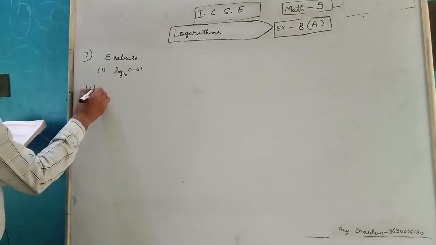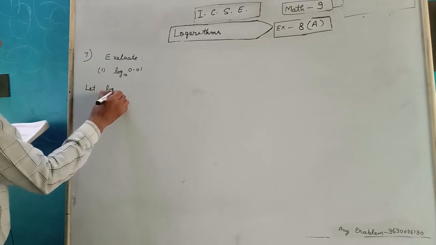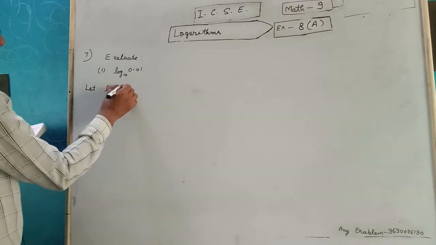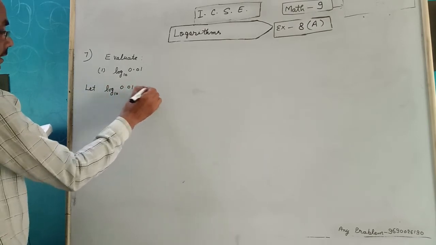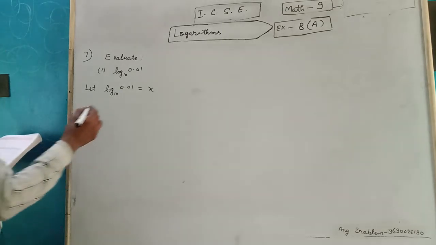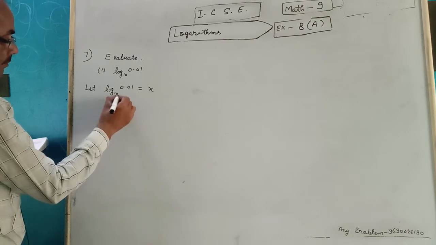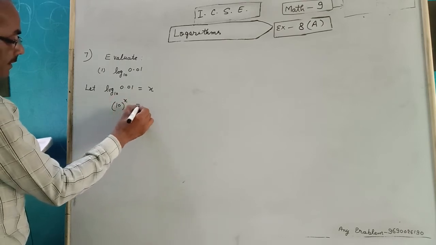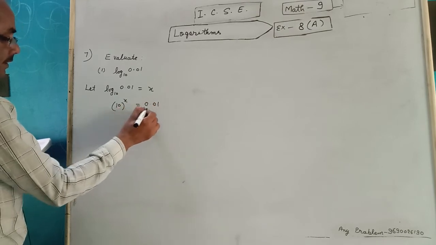First, let log base 10 of 0.01 is equal to x. We find the value of x. Write in exponential form: 10 as power x is equal to 0.01.